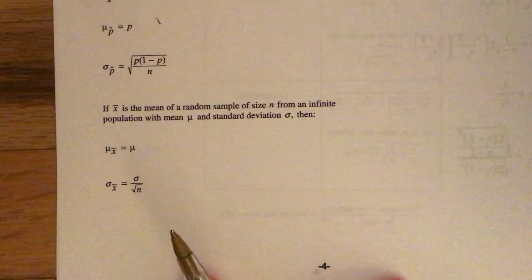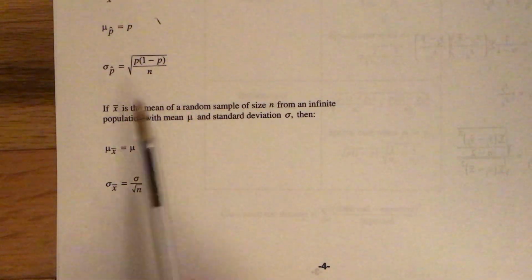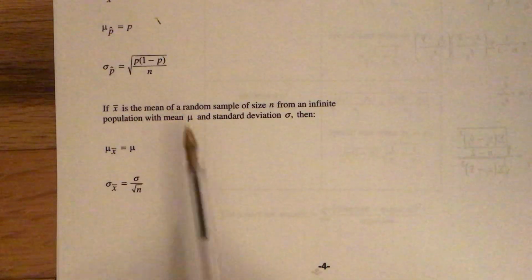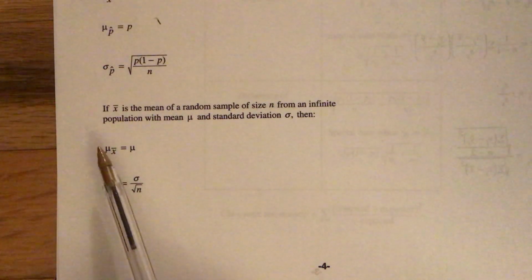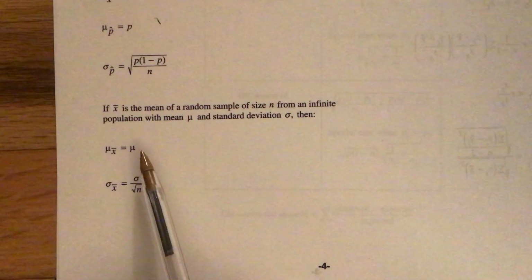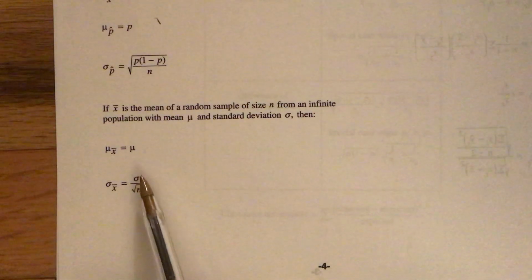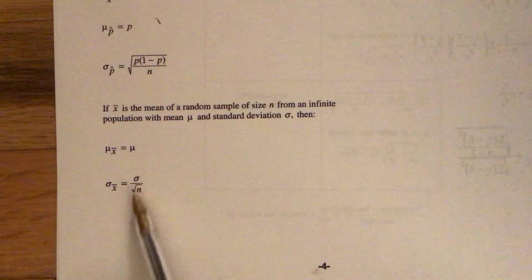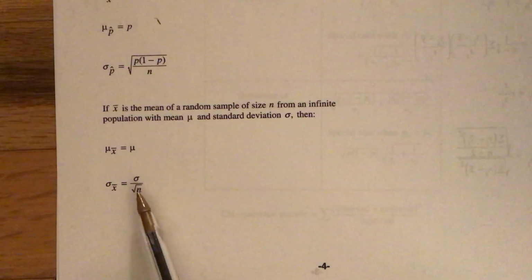That also happens for distribution of means. So this is like the n stuff we were doing in inference. Basically, if you had a bunch of sample means, the mean of the sample means is the population mean, and then the standard deviation for that was the standard deviation of your list over the square root of n. So this is the population's standard deviation, I should say.